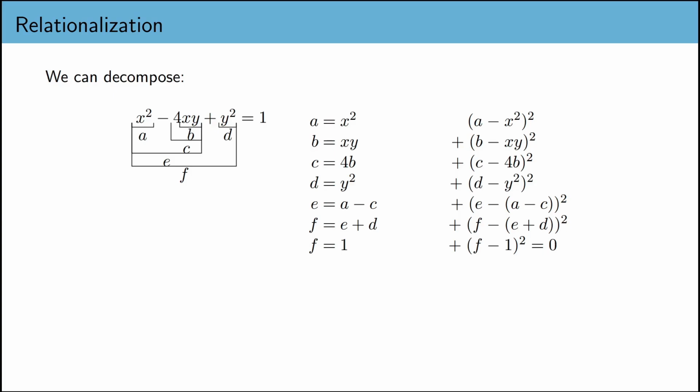And what's interesting about this new Diophantine equation is that it's equivalent to the original one, and it only has degree 4. Each of the small polynomials we get when we take the differences is of degree at most 2, and then when we take the sum of squares and set that equal to 0, we get a polynomial equation of degree at most 4.